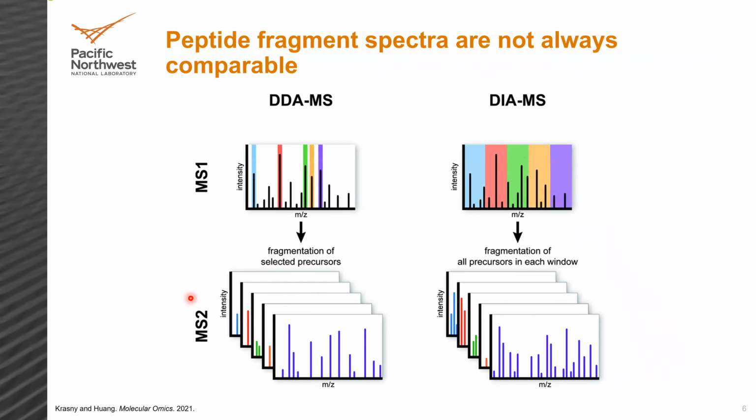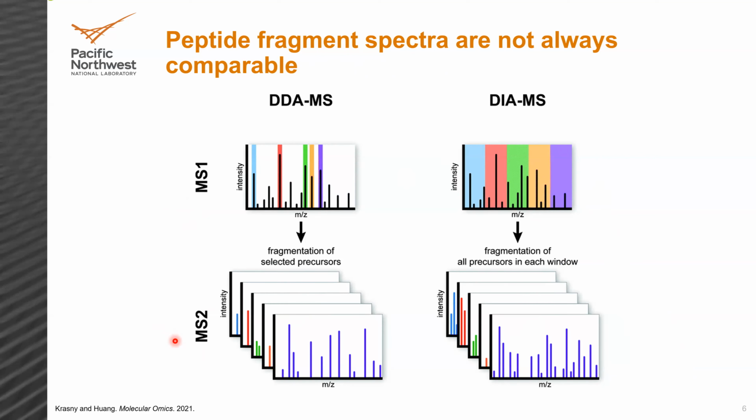One of the drawbacks of these methods is that they all focus on MS2 scans. And the problem is that MS2 scans are not always comparable to each other. There are many ways to acquire proteomics data sets. Two of the more common ways are data-dependent acquisition and data-independent acquisition, DDA and DIA. In DDA and DIA, you collect intact peptide scans, MS1 scans, in the same way, but you acquire MS2 scans slightly differently.